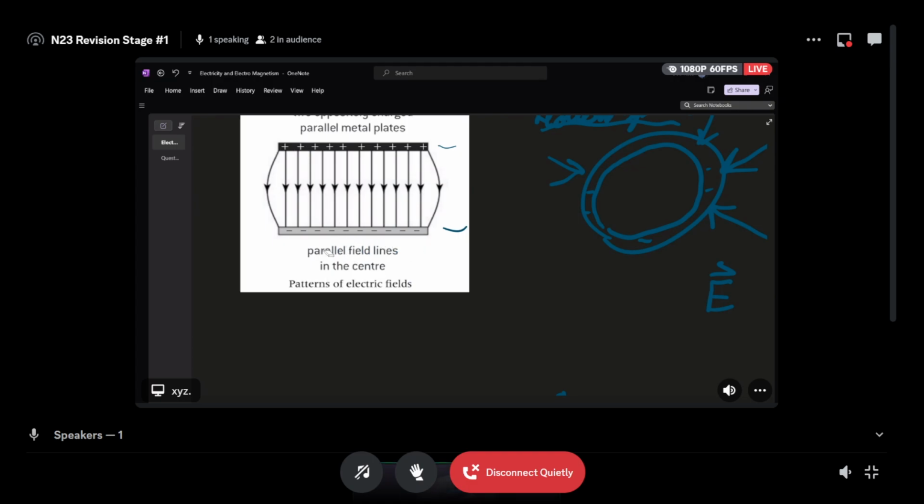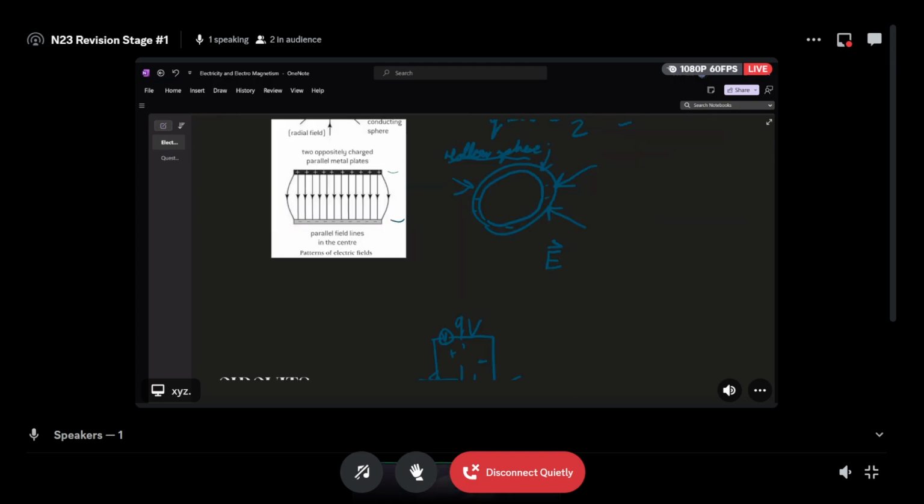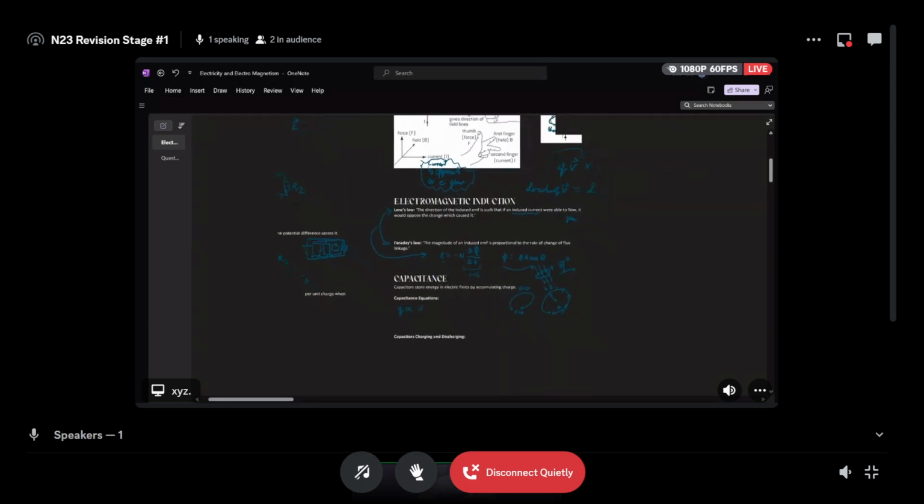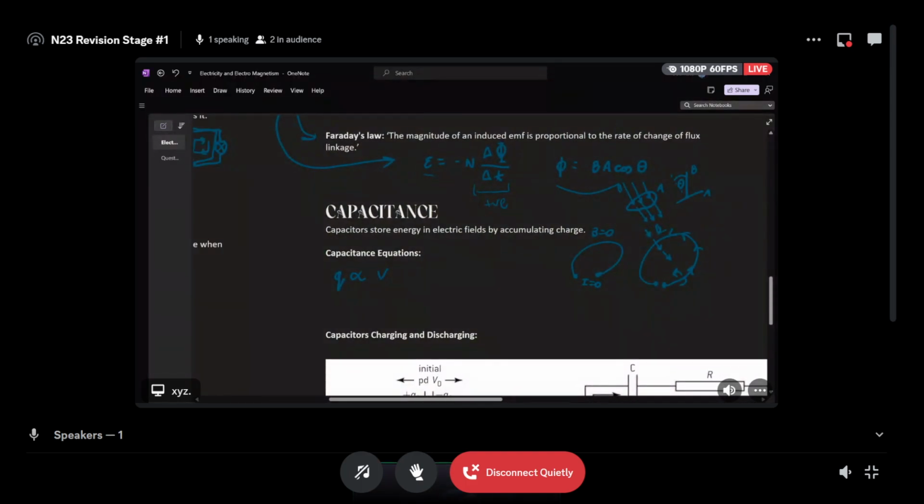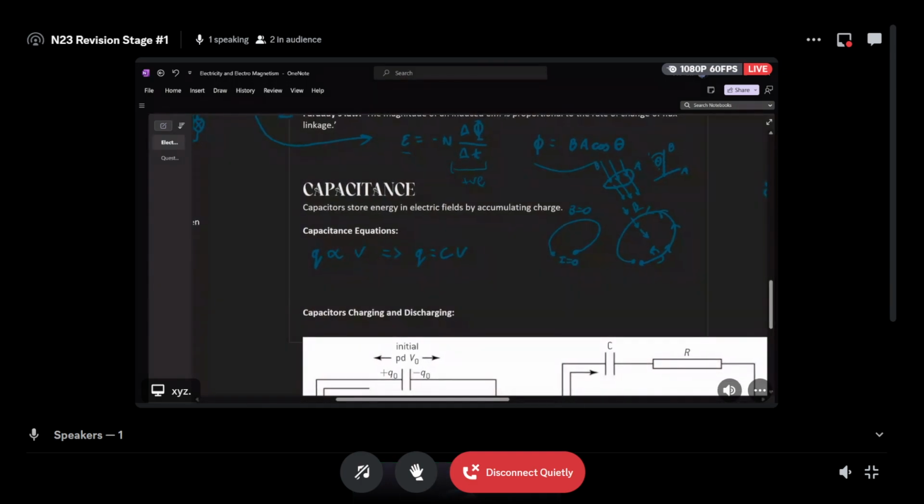Okay? And the constant of proportionality of this relationship is called capacitance. So we have our first equation: Q equals CV, where C is capacitance and it's measured in farads. Okay.